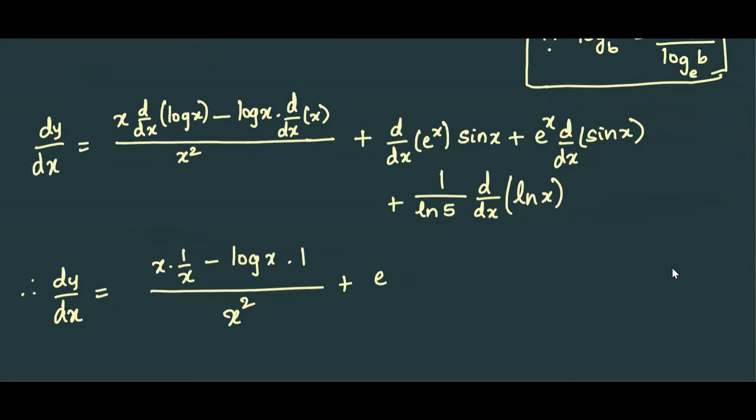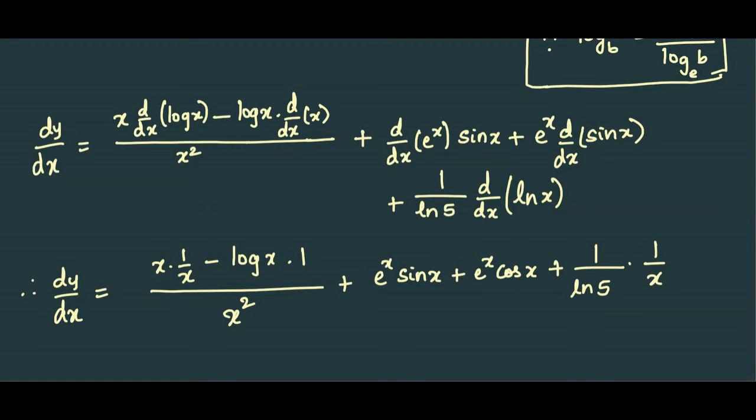Plus the derivative of e power x is e power x, so e power sine x plus e power x into the derivative of sine x, which is cos x. And then the derivative of log x is 1 upon x multiplied by this constant 1 upon log 5.